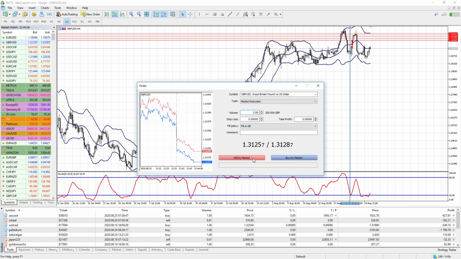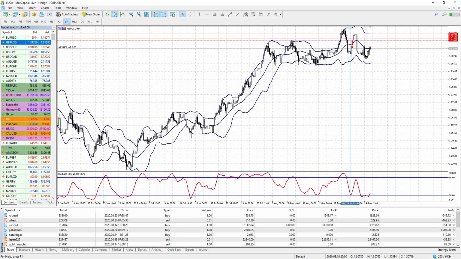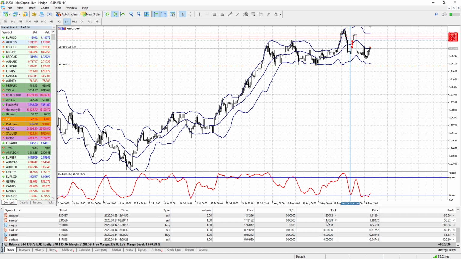I'm going to use the sell by market trade. The take profit will be once again my resistance level. I'm going to put it here. So as you can see, my take profit mark is going to be around the 2000, and if I'm satisfied before the end of the webinar with the result I get from that trade, I'm going to close it.